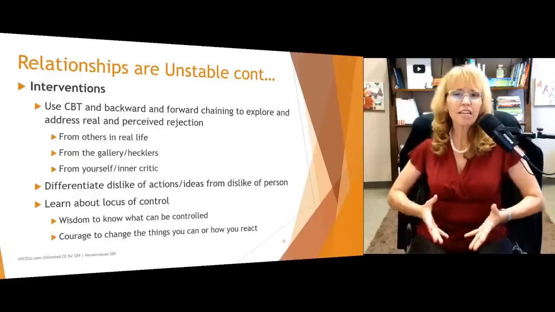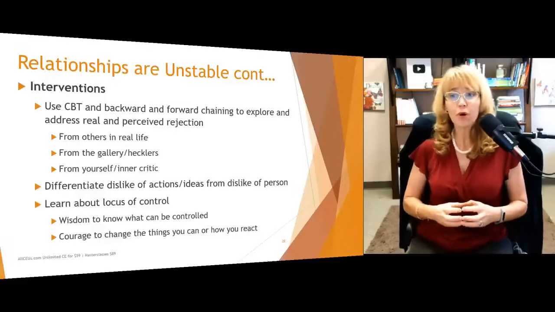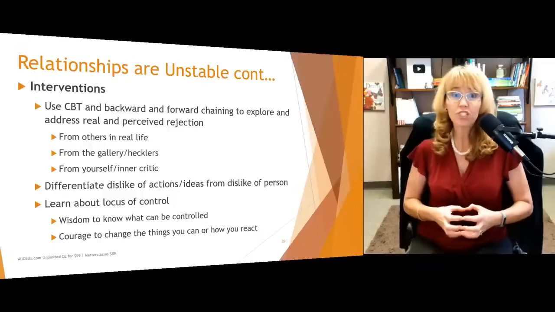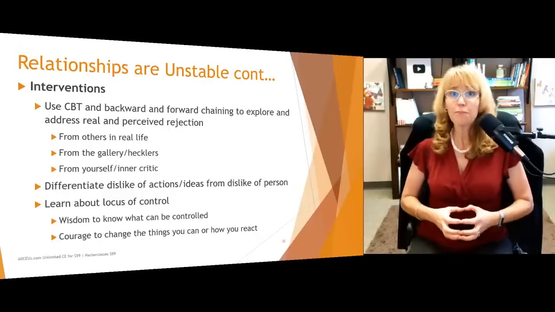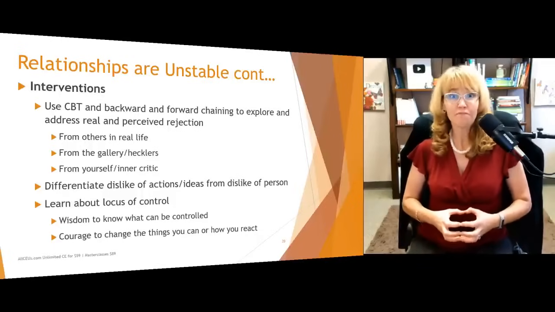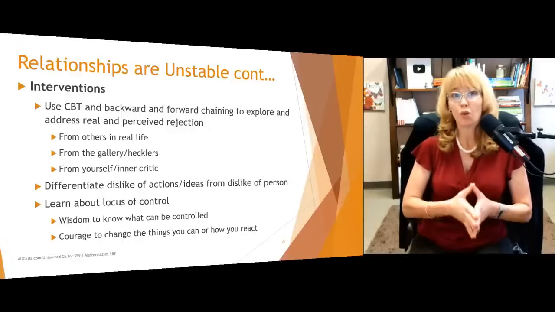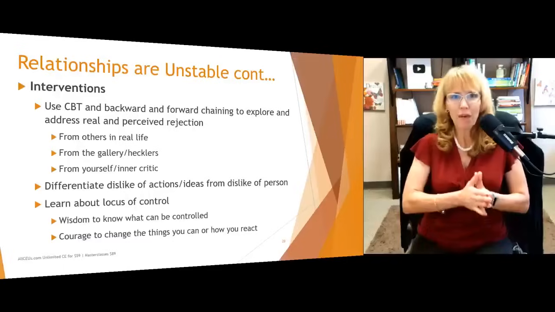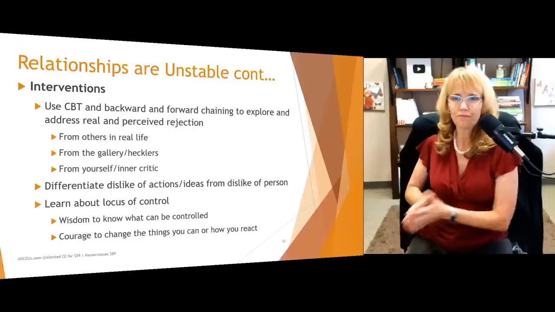Interventions use cognitive behavioral therapy and backward and forward chaining to explore and address real and perceived rejection. Yeah, people with BPD have been rejected. Their behaviors were intolerable to others. It wasn't that they weren't lovable. Their behaviors were intolerable.